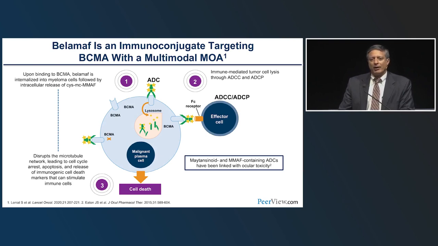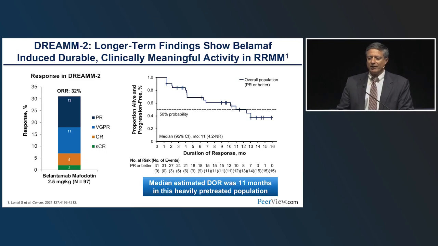So unlike other antibody-drug conjugates that were designed specifically not to interact with the immune system, Belamat was in fact designed to interact with the immune system and ultimately kill through multiple mechanisms of action that include the antibody-drug conjugate itself, the MMAF, and we're going to talk about the unique adverse events associated with MMAF, ADCC or ADCP, as well as immunogenic cell death, which I think we all are learning a lot more about now, because immunogenic cell death may allow us to create antigen-specific T cells in the long run that may help us prevent recurrence of myeloma down the road. So that is certainly something we're all very excited about as a mechanism of action.